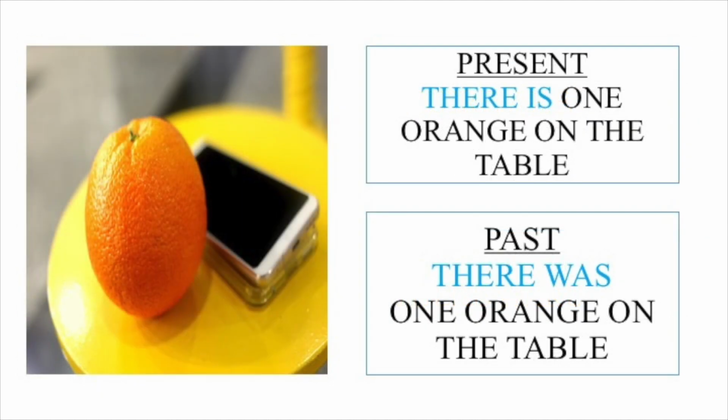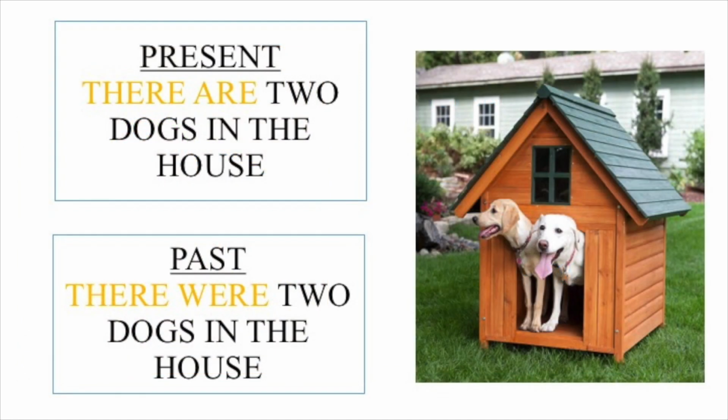So let's practice pronunciation one more time, guys, all together. There is one orange on the table. There was one orange on the table. Excellent. Singular item, past and present. There are two dogs in the house.